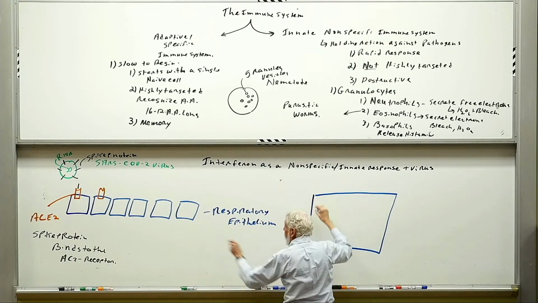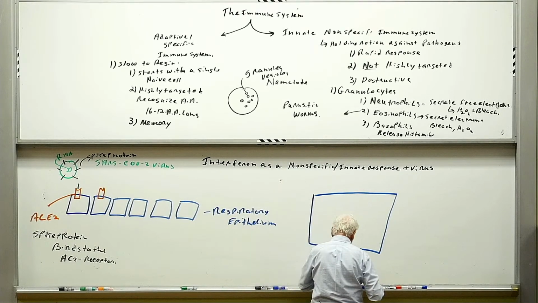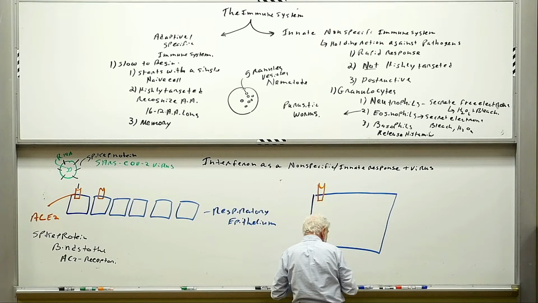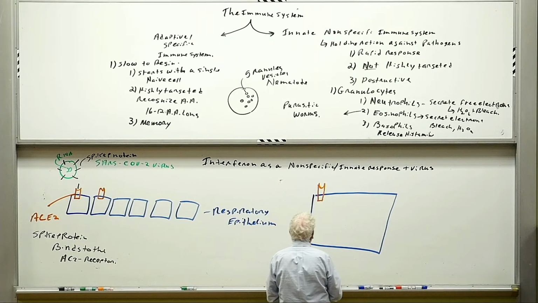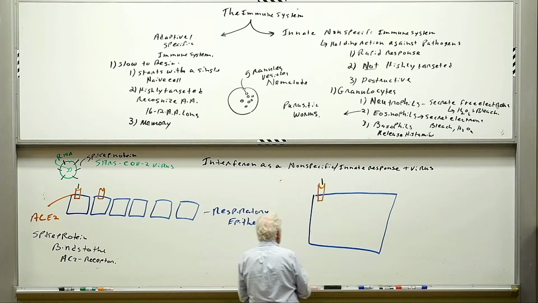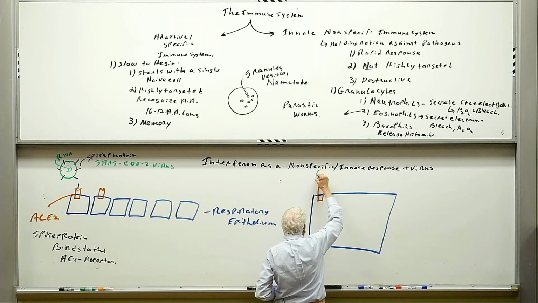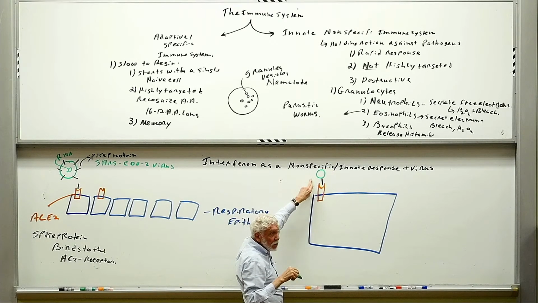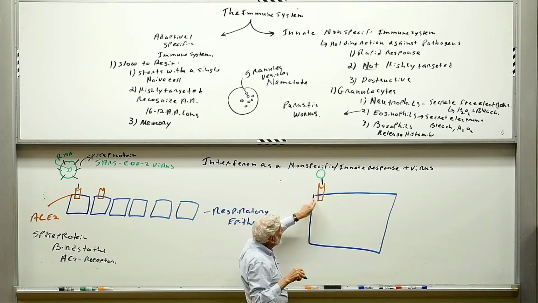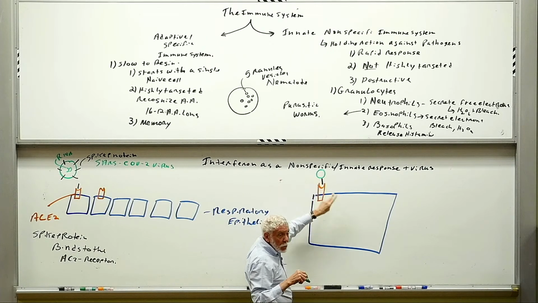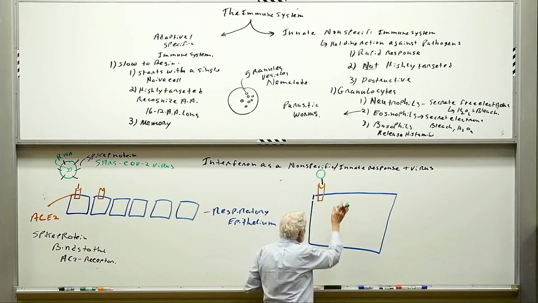So this is one of these epithelial cells. Here is the ACE2 protein. Here is the spike protein still attached to the virus, attaching to the cell. That signal now appears to tell the receptor, the ACE2 receptor, and the virus to be endocytosed. So we're going to bring this thing into the cell.